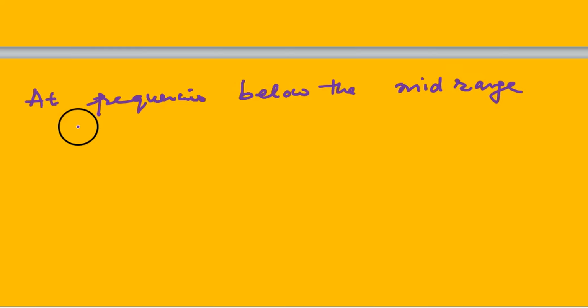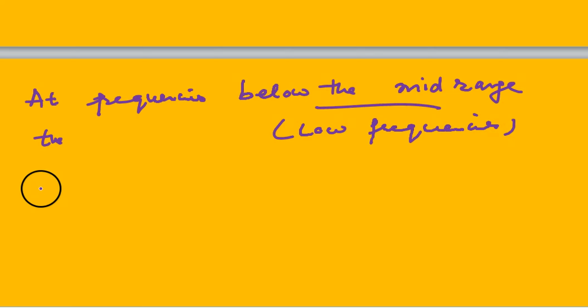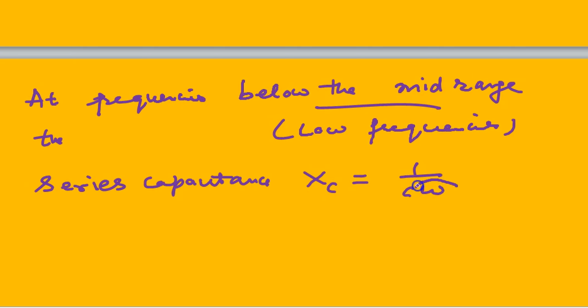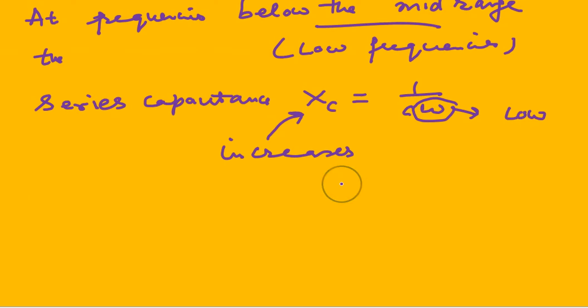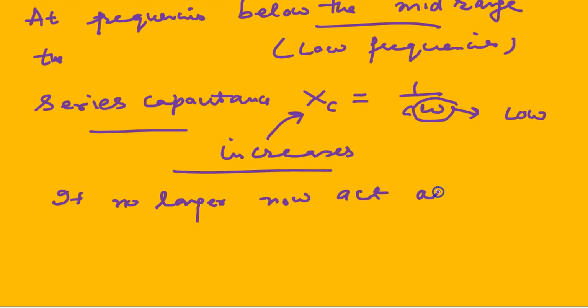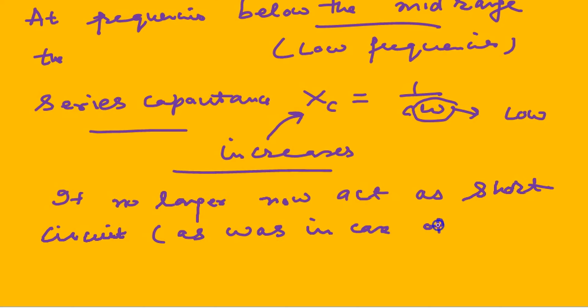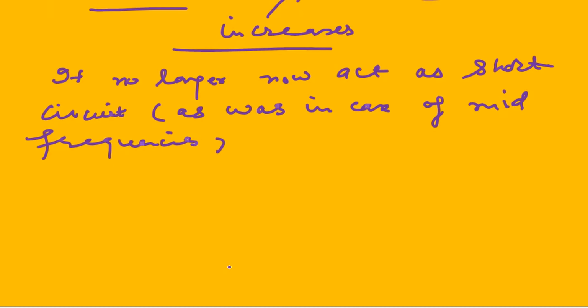Now we're coming to the other side. Frequencies below the mid-frequency range, meaning the low frequencies. Now series capacitance at the mid-frequency behaves as a short circuit, but it cannot behave as a short circuit at the low frequency, because when omega is low, Xc becomes more and Xc increases at the low frequency. Now it cannot act as a short circuit as it was in case of the mid-frequency.